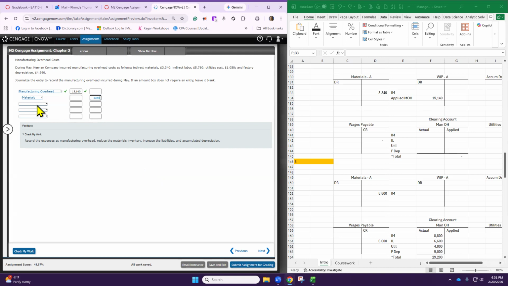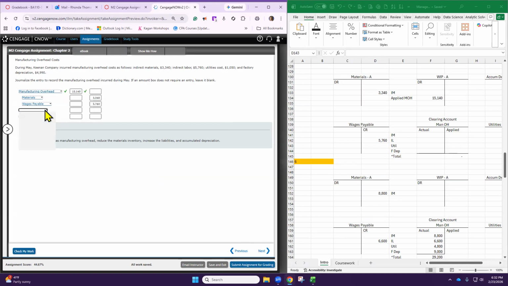And then direct, what, wages payable, right? Wages payable is going to be indirect labor, and it's going to get credited to wages payable. Yep. Okay, so 5760. And then we have utilities costs.